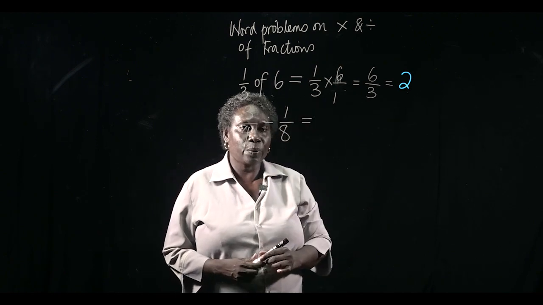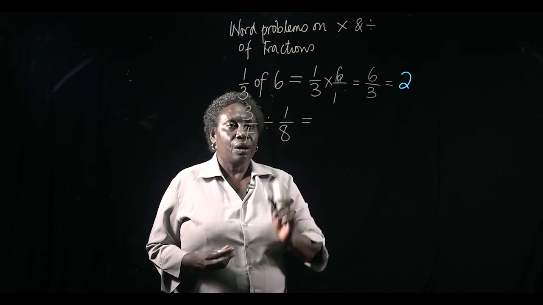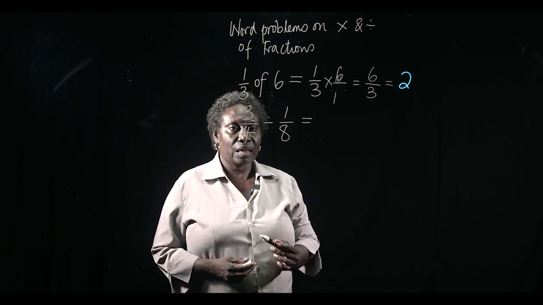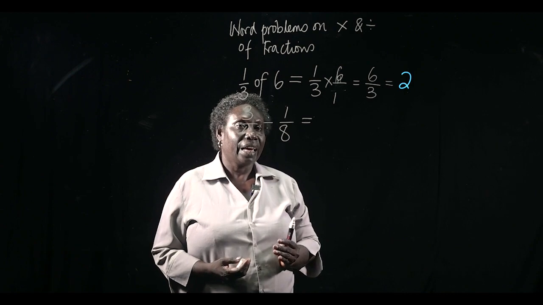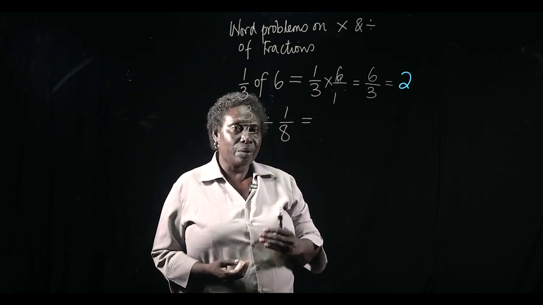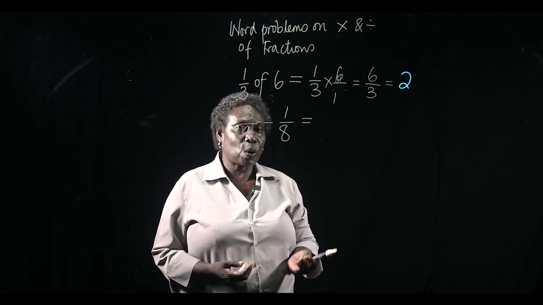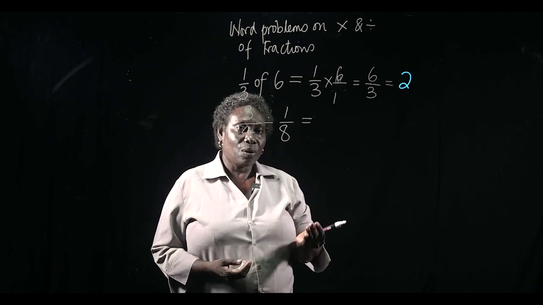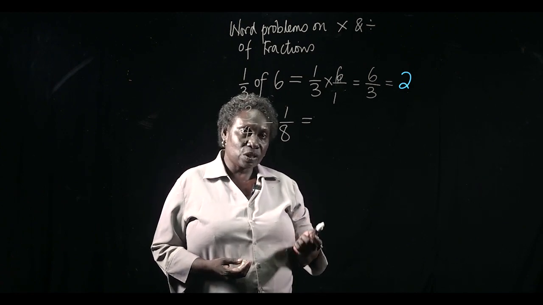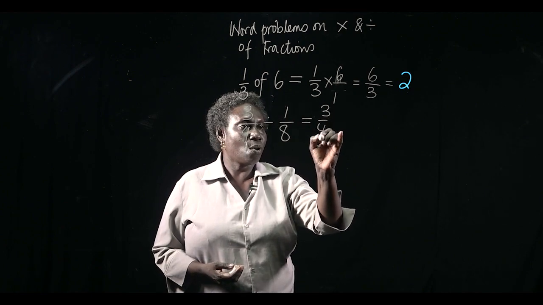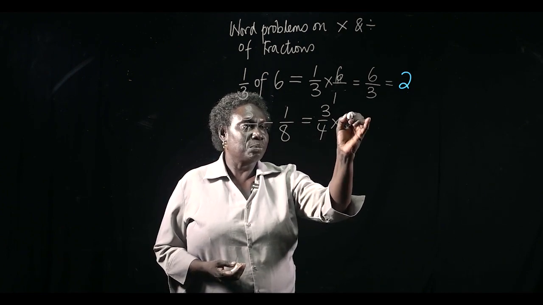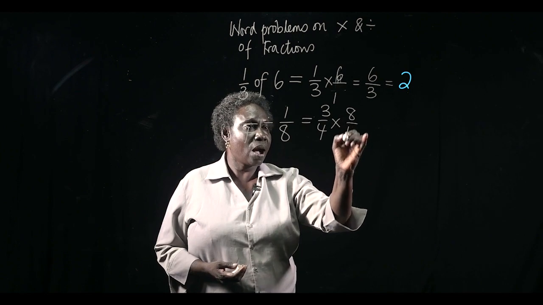When we are dividing fractions, we always change the division sign to a multiplication sign. And then we multiply by the reciprocal of the divisor, or we say the inverse of the divisor. So I have 3/4 times 8/1.